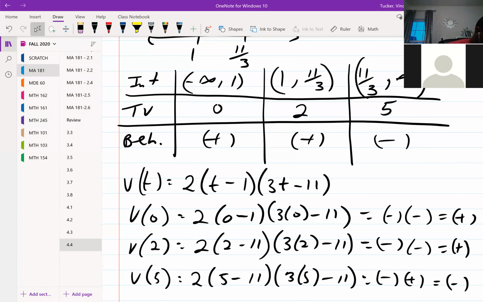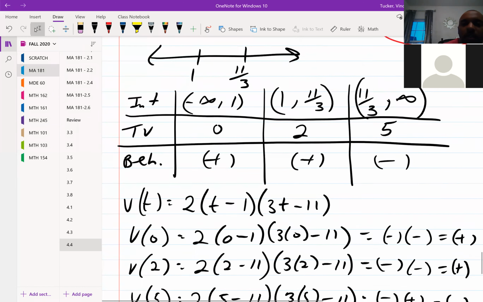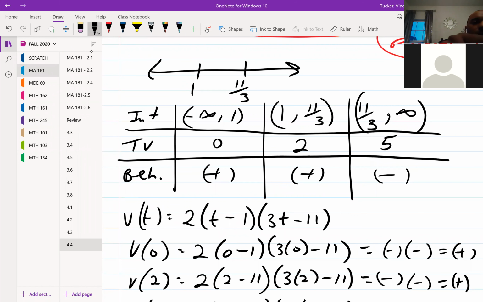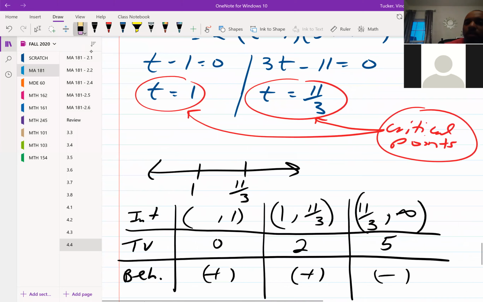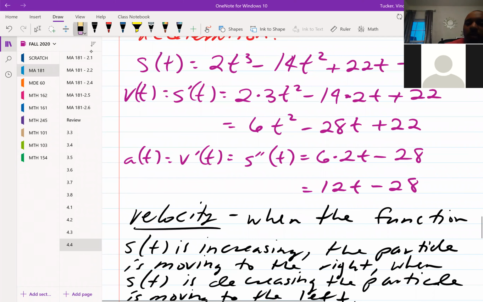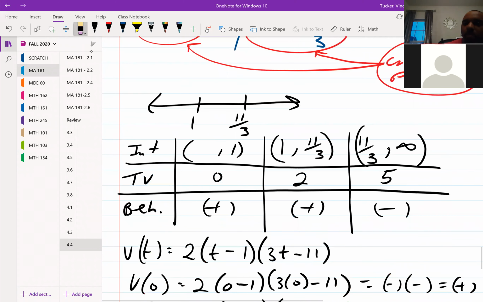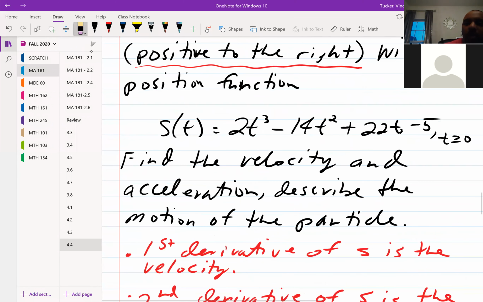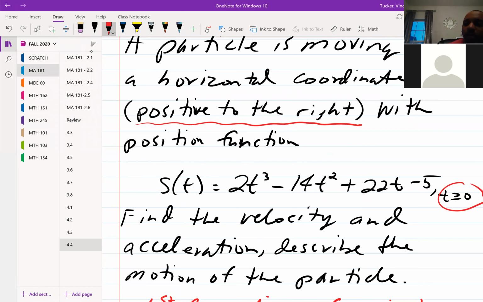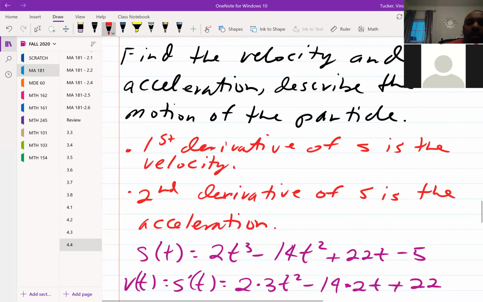Hold on. 0 to 1, 1 to 3. And then go to infinity. Oh, I missed them right here. We can't go to infinity, because remember T, our initial setup. We can't be less than 0. So that's the first thing.